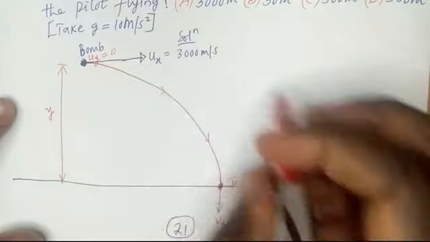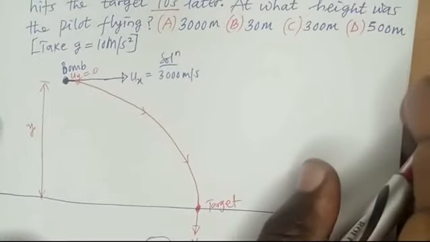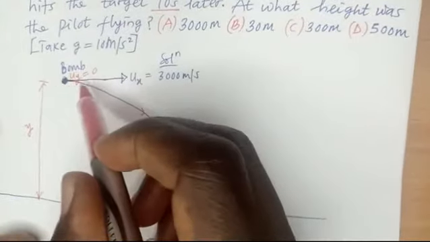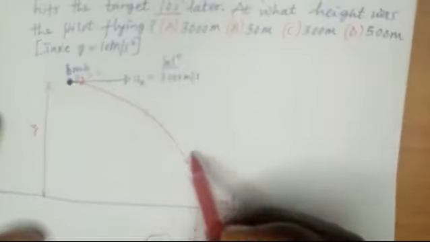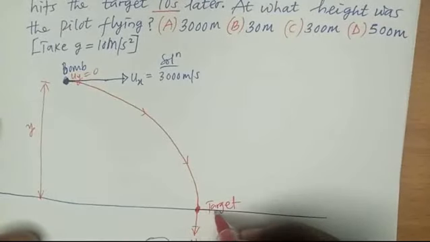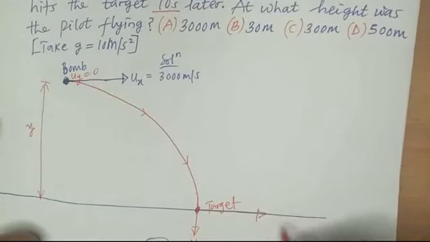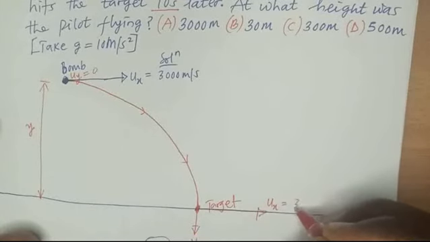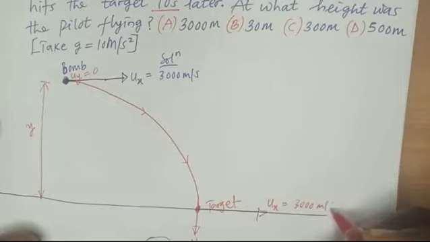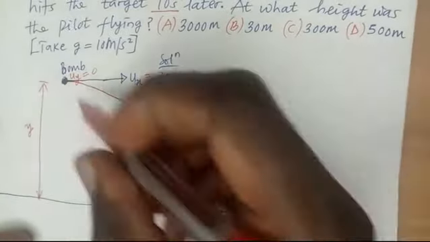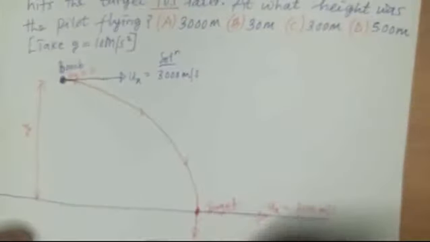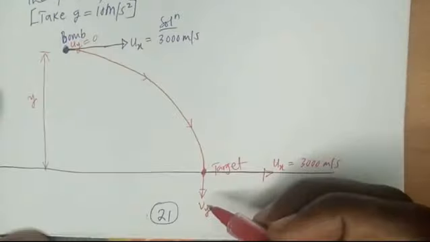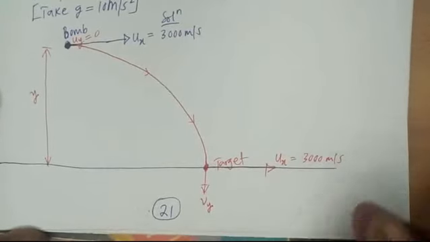Remember, from the concept of projectile, horizontal velocity remains the same till the end of the journey. So even at the end of the journey, your u sub x remains the same. It will not change, but the vertical velocity will increase from 0 to its maximum value down here.